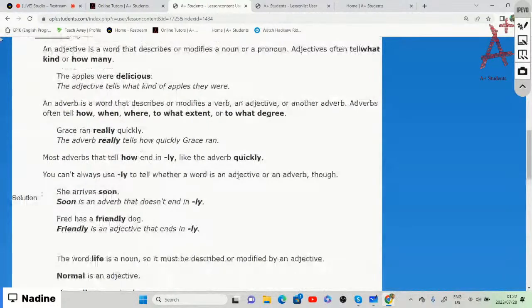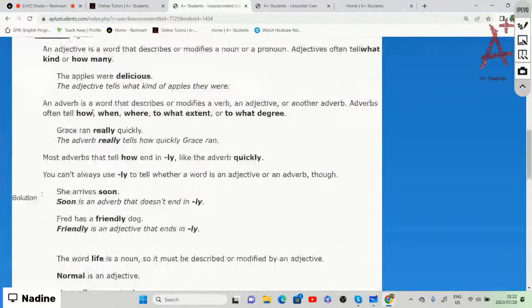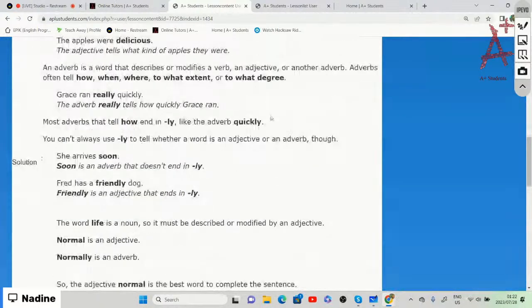After becoming famous for her best selling novel, the writer wondered whether her life would ever be again. Is it normal again or normally? We need to choose between normal and normally.